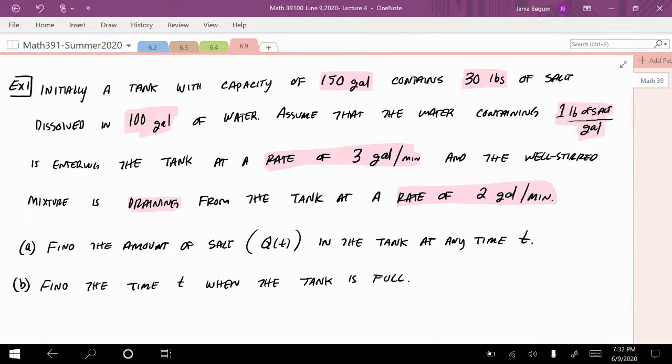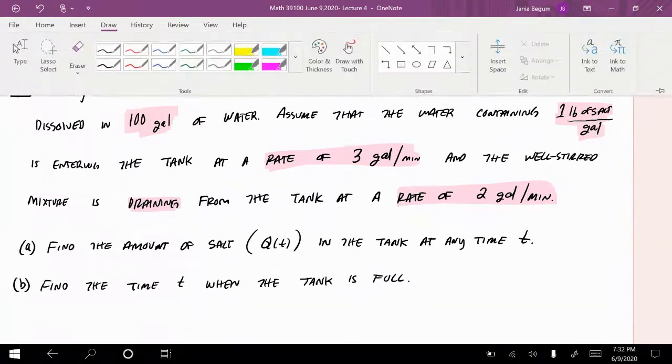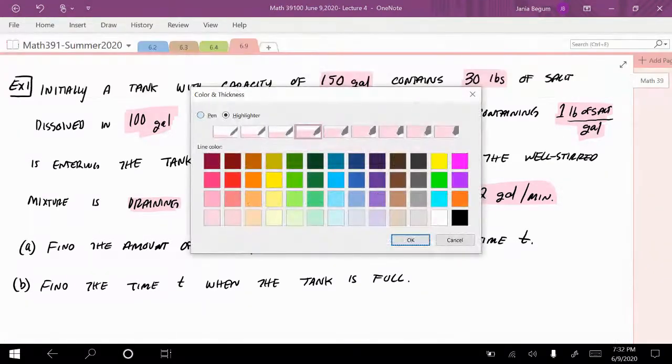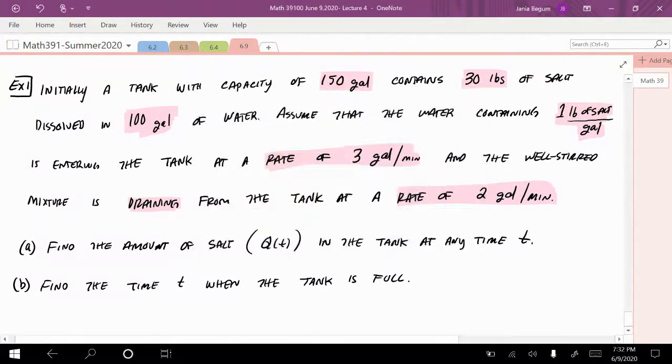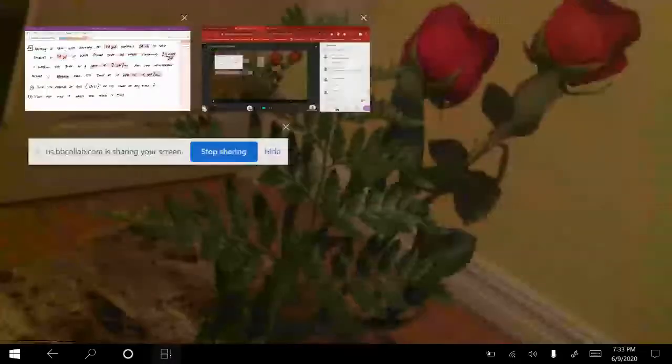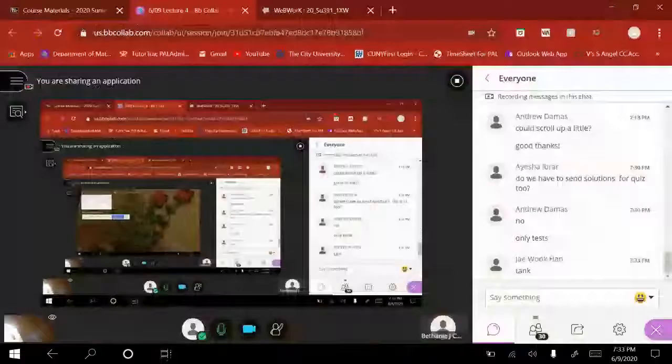So now you guys tell me what's given. Let's write down what's given to us. What does 150 gallons represent? V0?